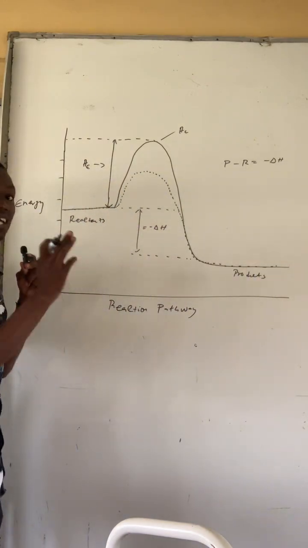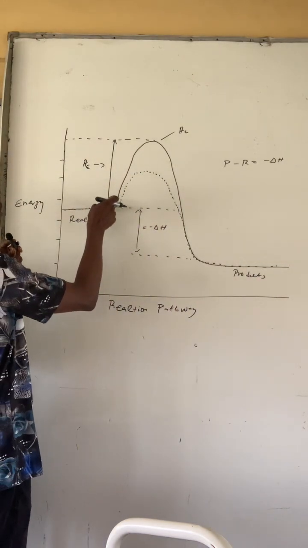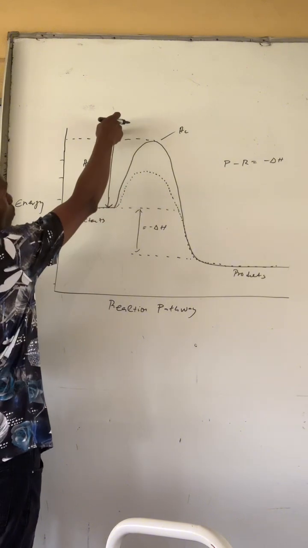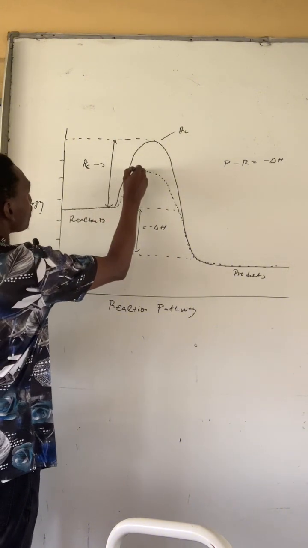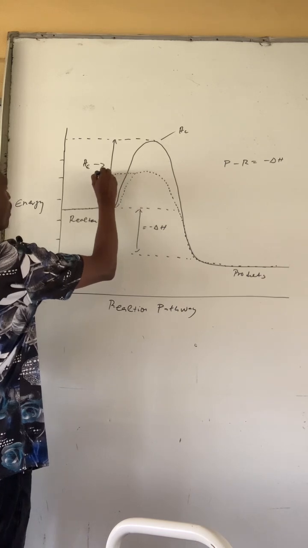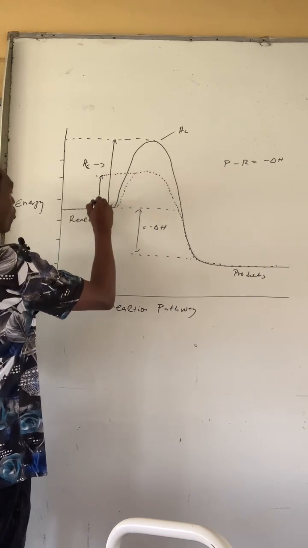So without catalyst, you can see the activation energy ranges from here to here. But when we introduce catalyst, you can see the activation energy is now shorter.